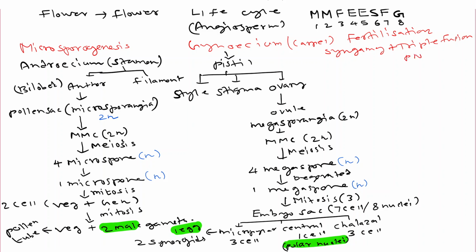The polar nuclei combining with 1 male gamete is called triple fusion. The egg cell combining with the sperm cell, that means male gamete, is called syngamy. Together it is called double fertilization.